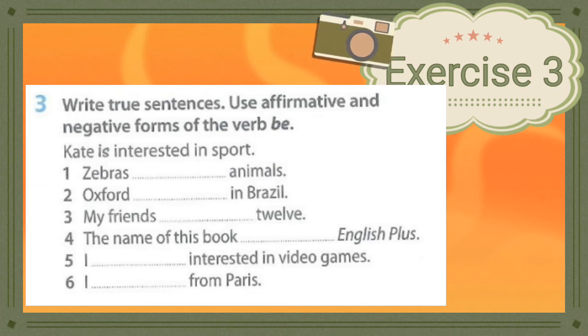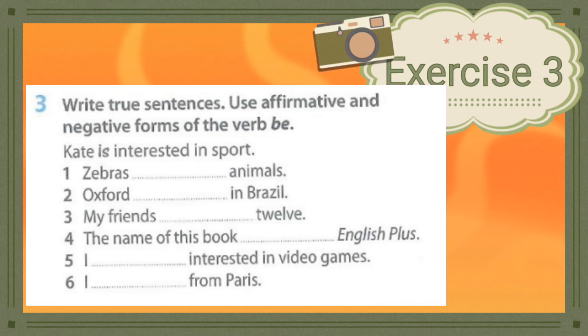You can either use zebra is animals, or zebras are animals, or zebras isn't animals, or zebras aren't animals. Which one is the correct one? You choose. Same goes to number 2, 3, 4, 5, and 6.